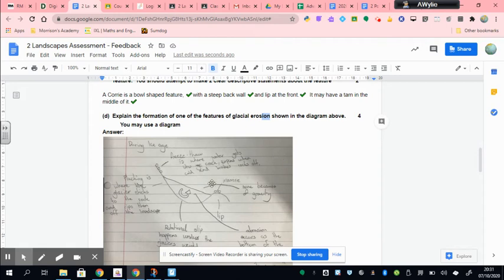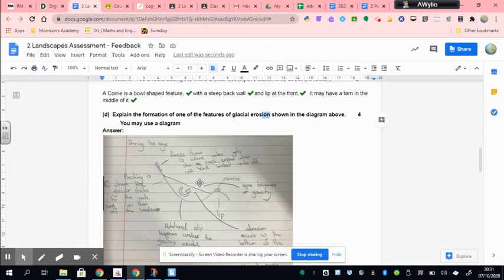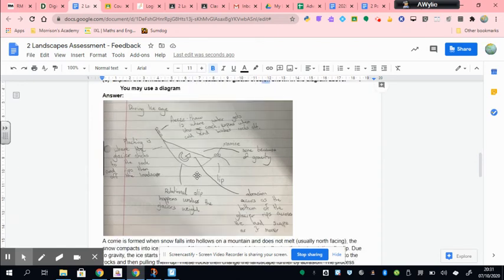So if they'd had an arrow pointing to the glacier itself and told me that a glacier forms when snow falls in a hollow and doesn't melt and then builds up in layers, compacting into glacial ice over thousands of years, that kind of label just pointing to this here and written out over here would have been just a perfect single diagram answer. Now, sometimes it's quite handy if you can get all of your points onto one diagram. It saves you time as well in an assessment.